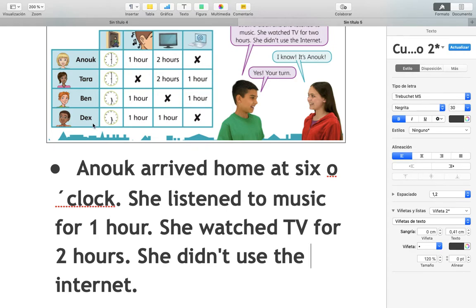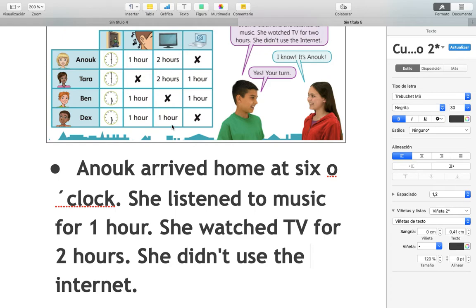Dads arrived home at, I repeat again. Dads arrived home at 5:30. He listened, he acabado en ed. He listened to music for 1 hour.